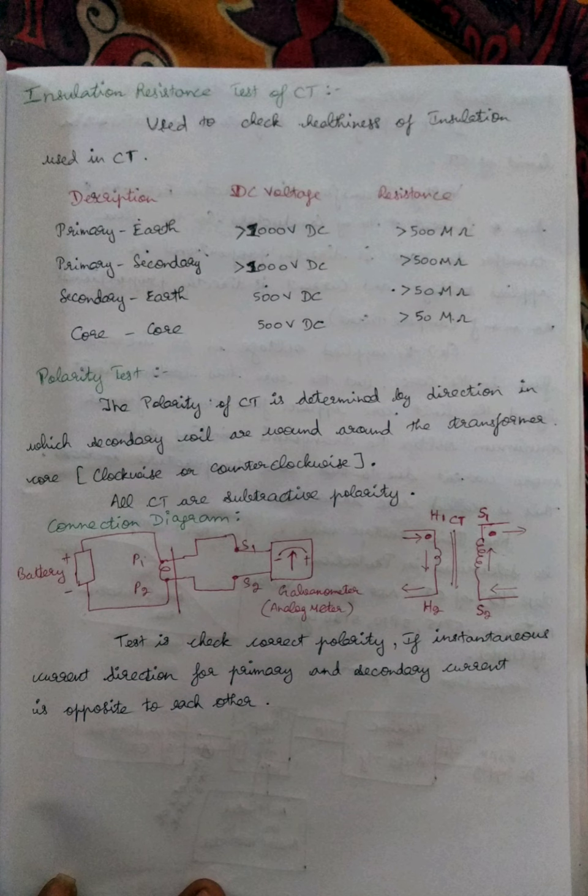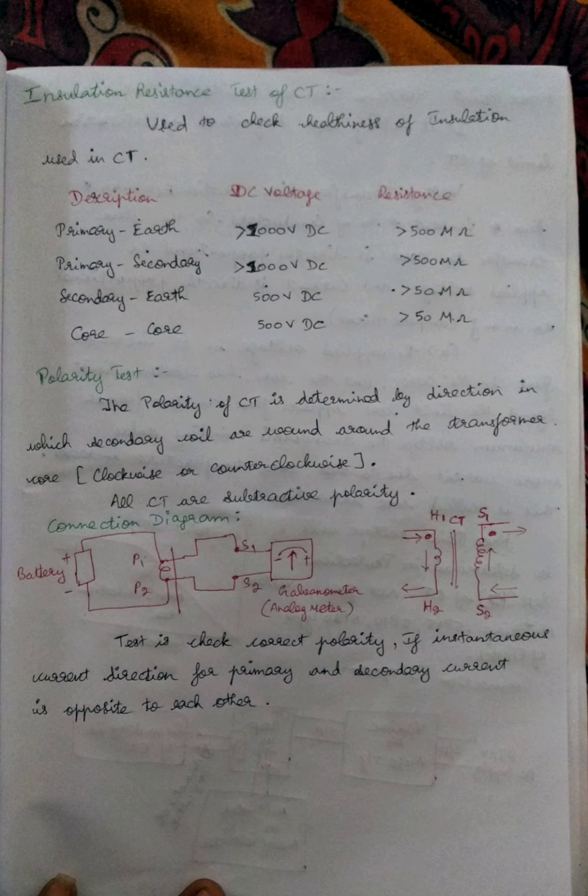First, the insulation resistance test. It is used to check the healthiness of the insulation used in your CTs. Normally, the insulation resistance test means injecting a certain amount of DC voltage and checking the resistance of the insulation at that time.